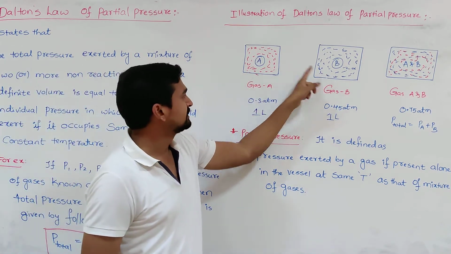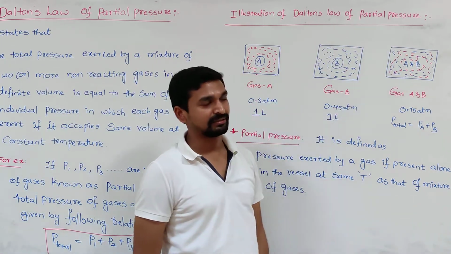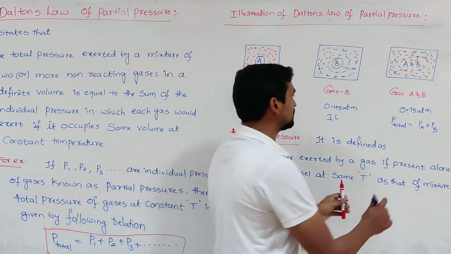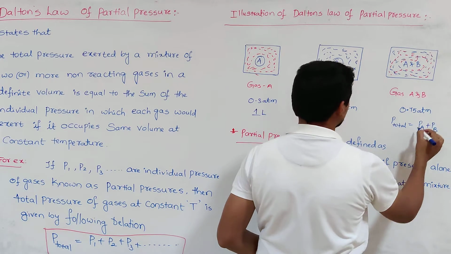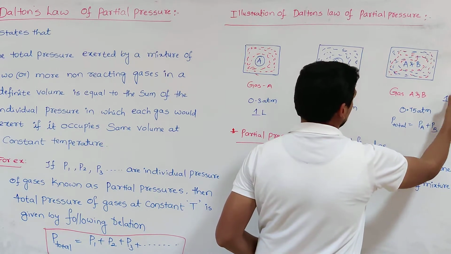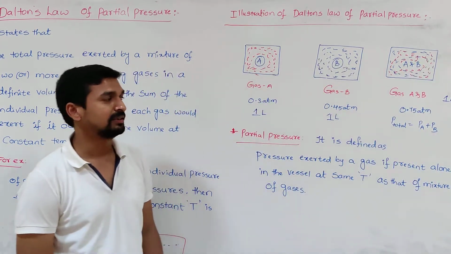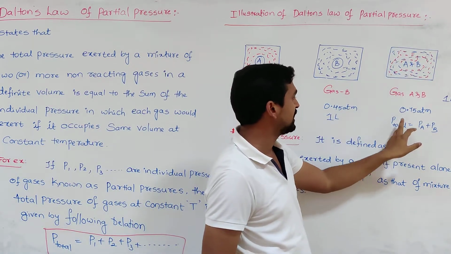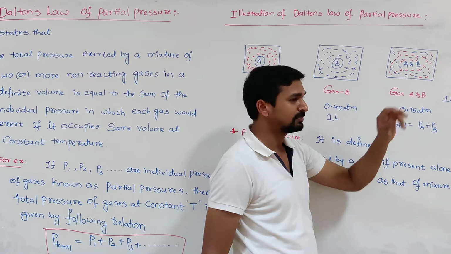Now I place the two gases in one container, so both are mixed in one container. The container volume is again the same, 1 liter. Then the pressure exerted by the mixture of these two gases is 0.75 atmosphere.